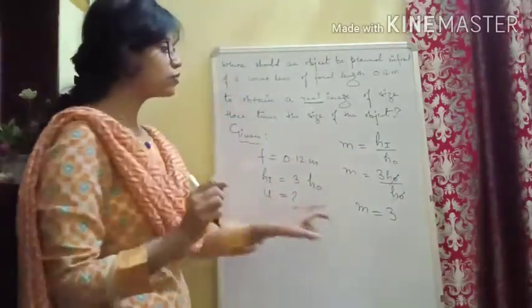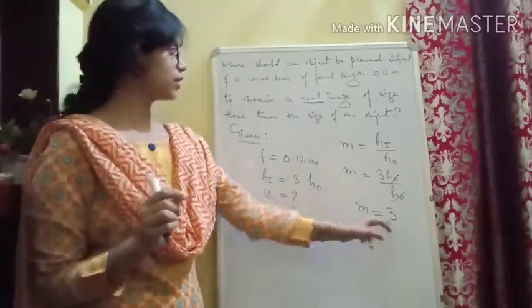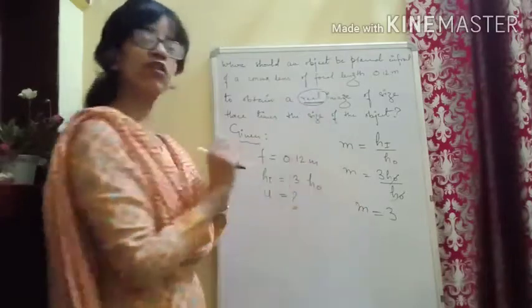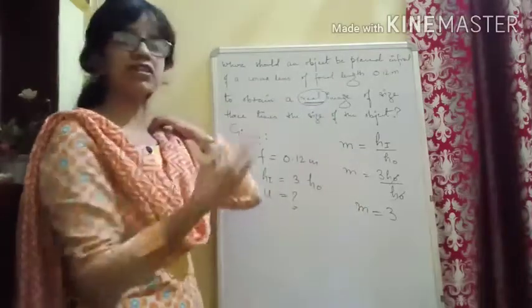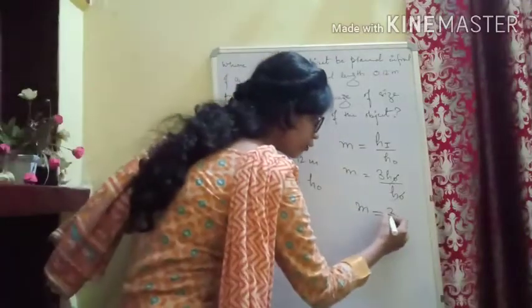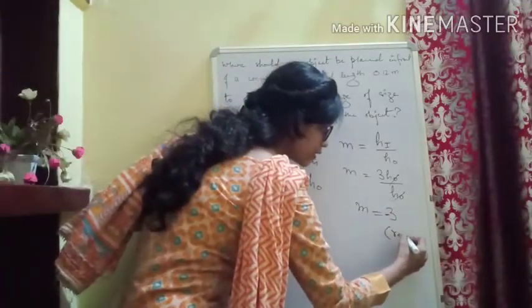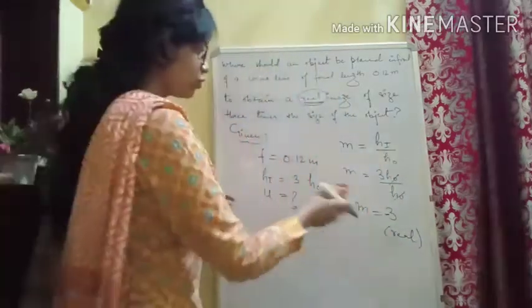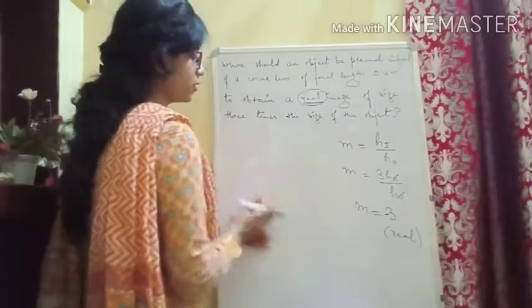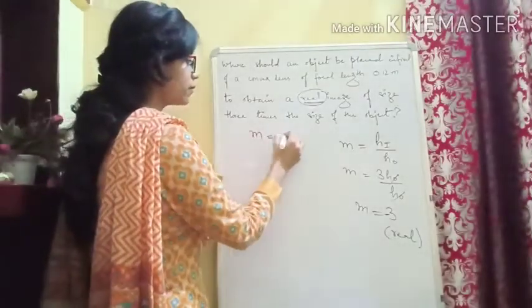Now when magnification is 3 times, if the image is real, the magnification will always be negative. If the image is virtual, the magnification would be taken positive. So we are going to take it negative, since it is real. So now M is minus 3.